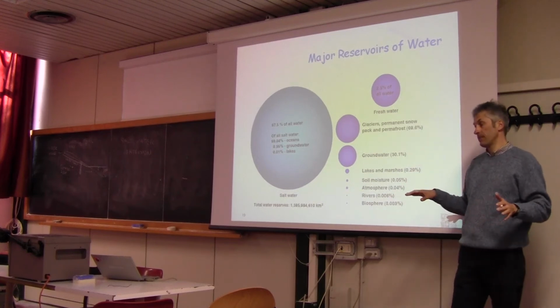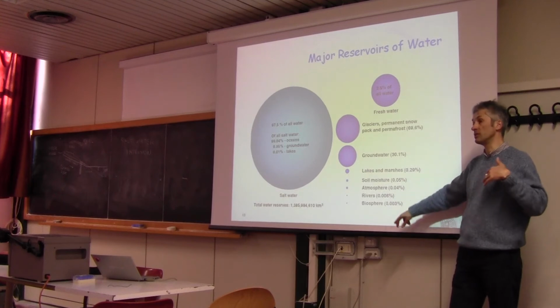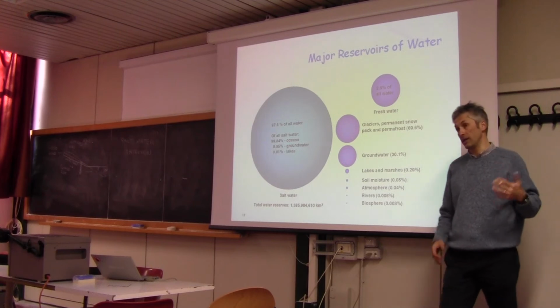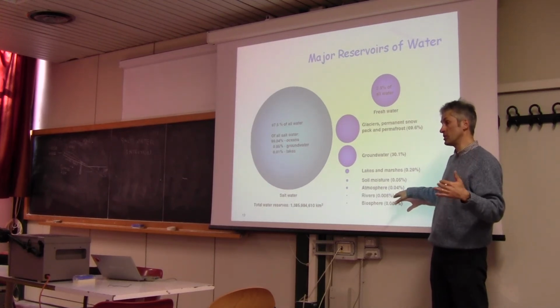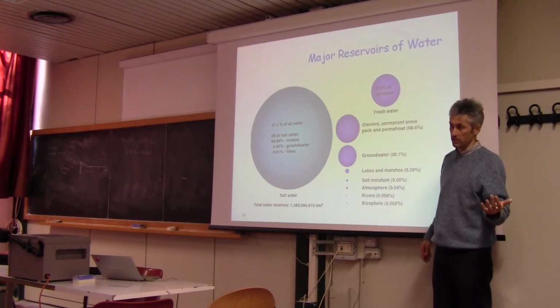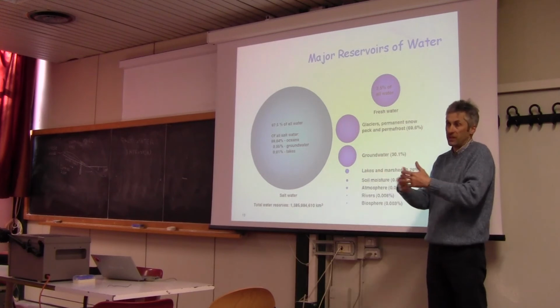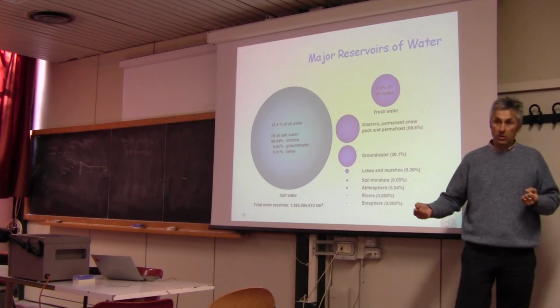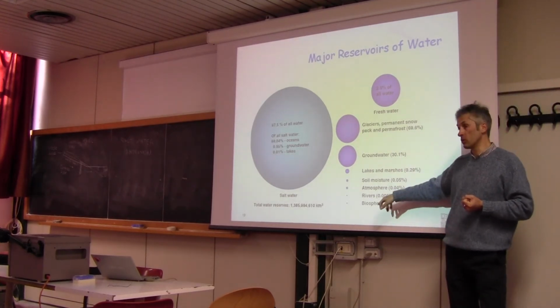Rivers are, as groundwater is, very important. The percentage is reduced, but usually rivers are important. Why? Because it's the source of water which is easier to take, easier to use, because it's surface water. It's very easy to take water from the rivers. And this is the reason why ancient civilizations started by using the water from the rivers.